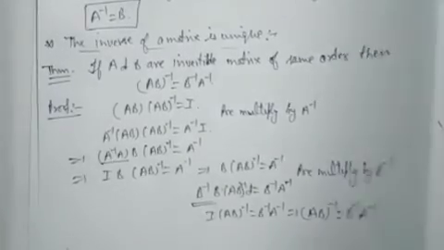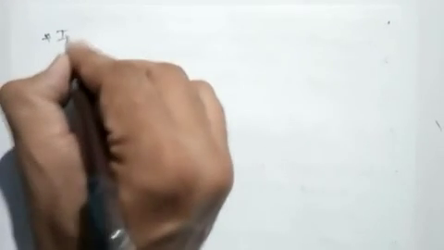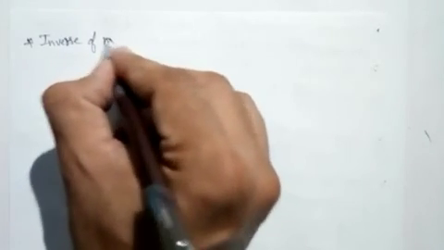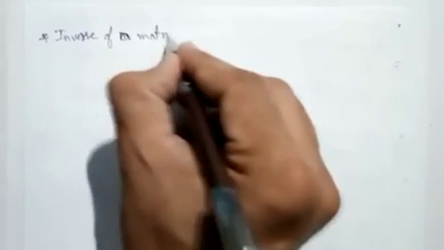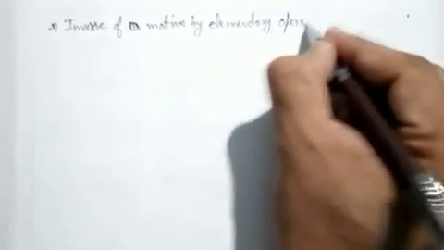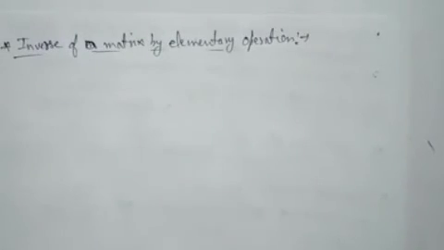Next one is last. Inverse of a matrix by elementary operation. Elementary means we have to use either row operation or column operation. Okay.